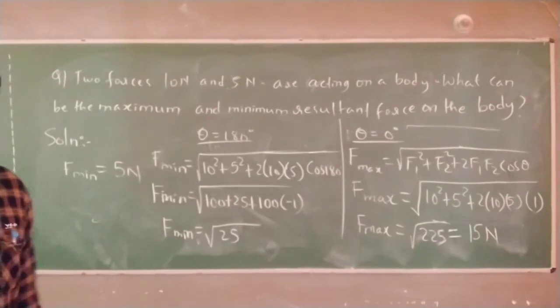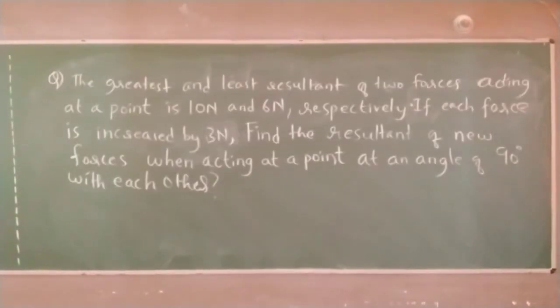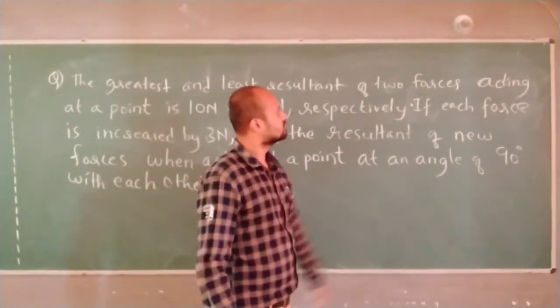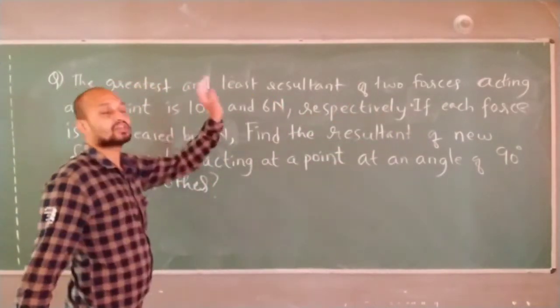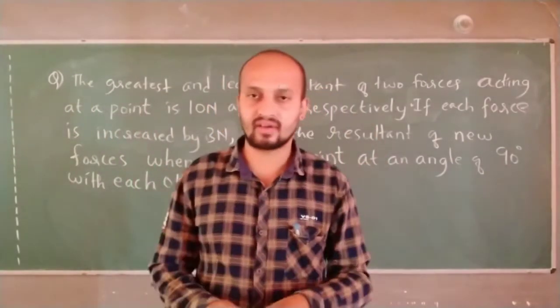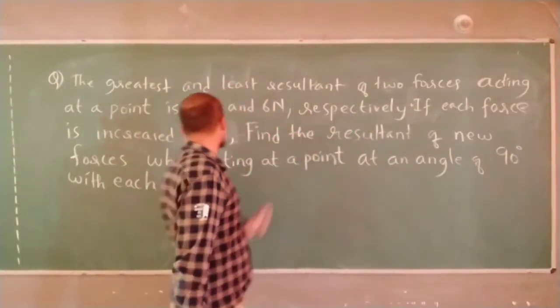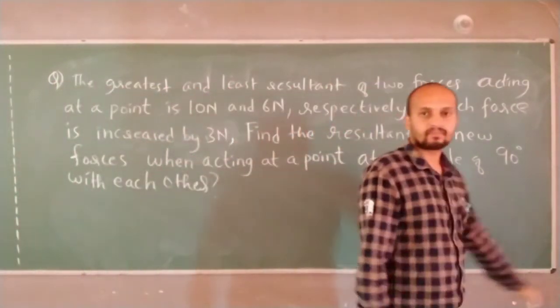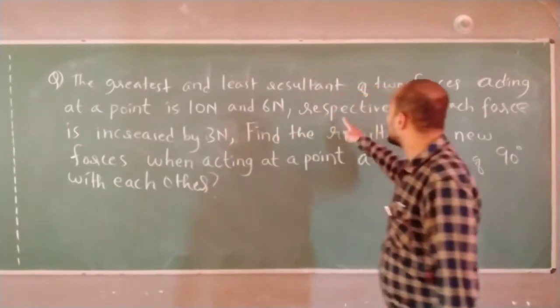Got it? The greatest and least resultant of two forces. The smallest resultant and the greatest resultant of two forces acting at a point are 10 Newton and 6 Newton respectively.